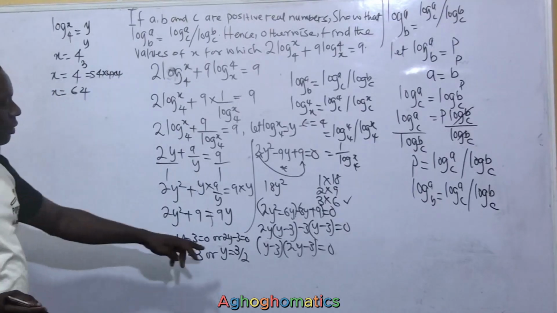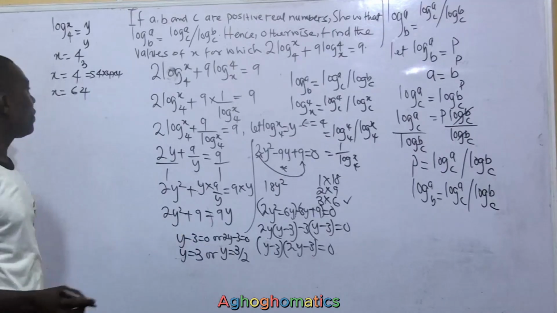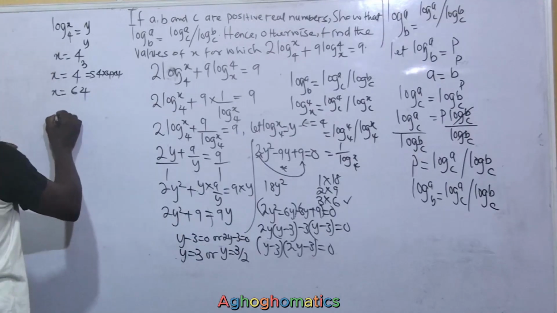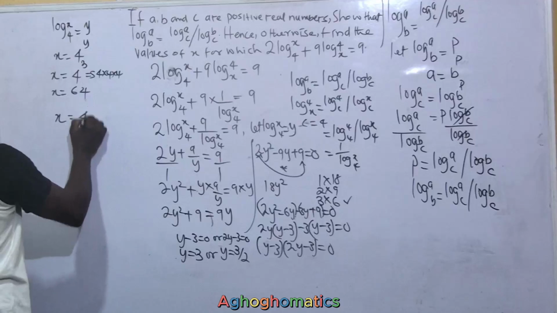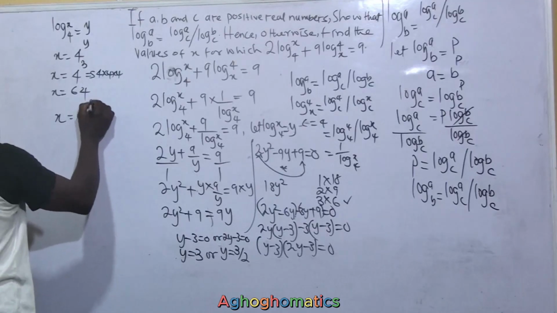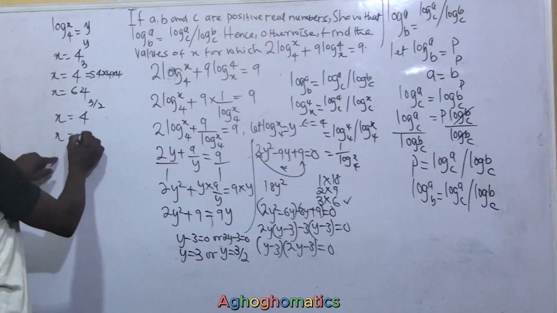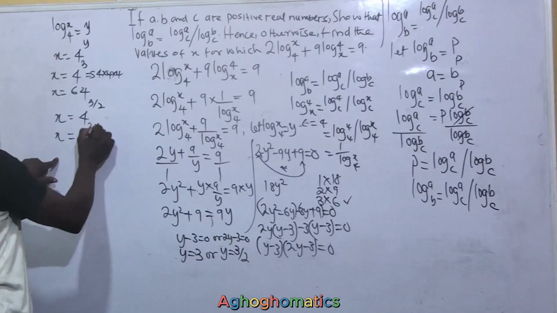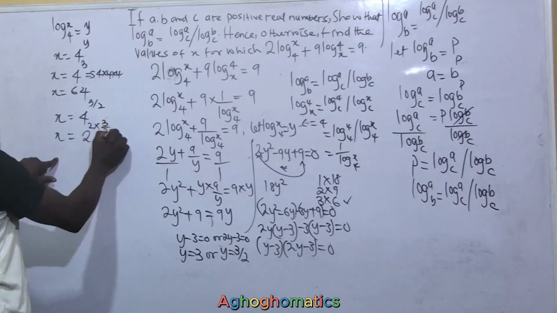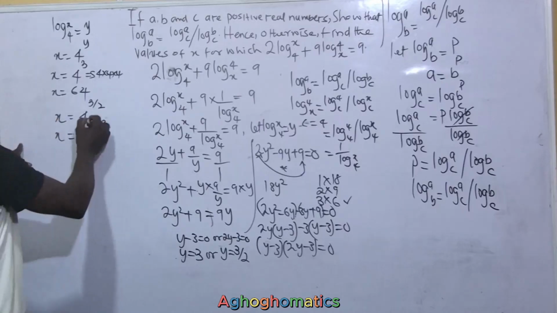Then we also have that at one point y is equal to 3 over 2. If we substitute it here, x is equal to 4 raised to the power 3 over 2. The 4 here can also be expressed as 2 raised to the power 2, multiplying the power 3 over 2 here, so we cancel this.